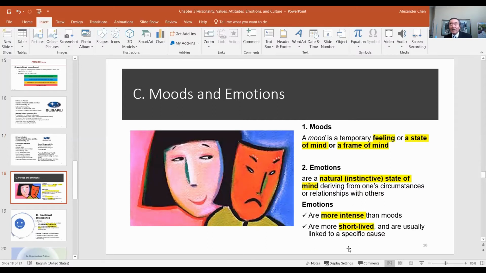But if they ask you, long term or short term, which one is more likely to be more intense? You have to know emotion, relatively compared to mood, is more intense. Short term. Everyone knows, intuitively, what mood and emotion are. I don't want to be too long, but you have to know emotions are more likely to be short.